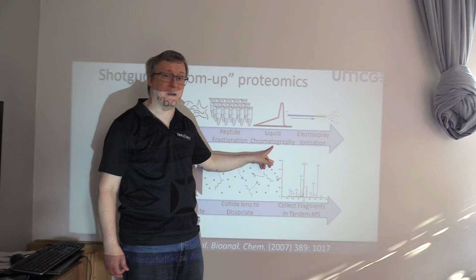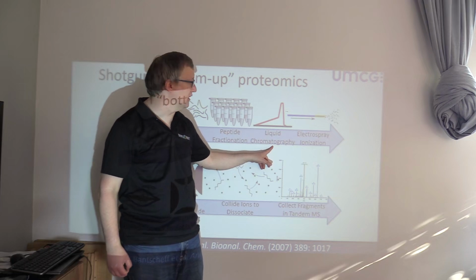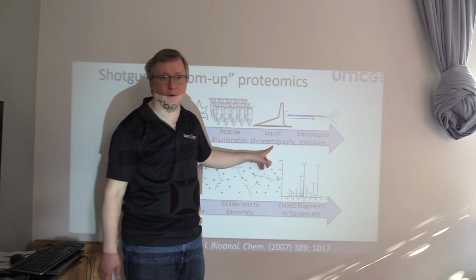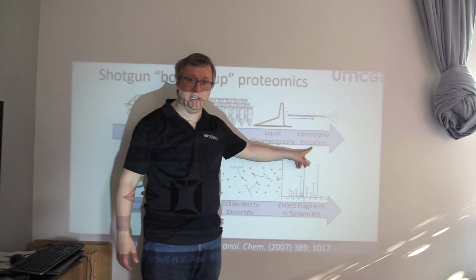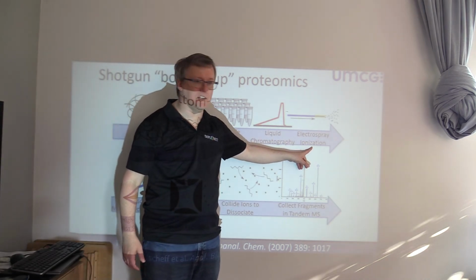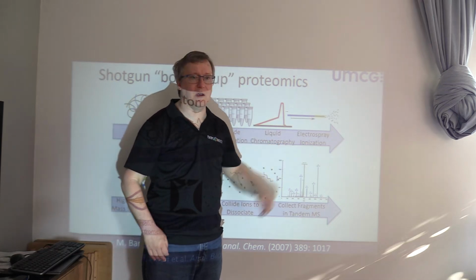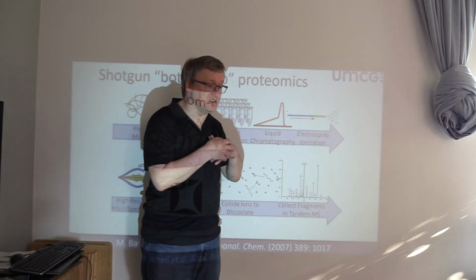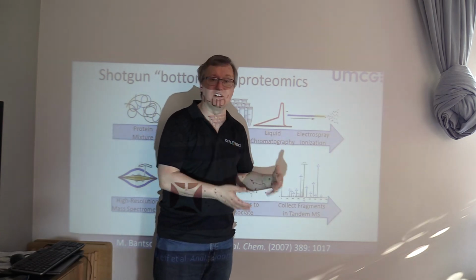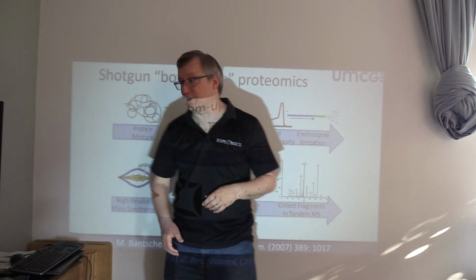So we're separating the peptides on the basis of hydrophobicity over the space of, let's say, an hour. As they leave the column, the peptides are ionized. They're already acidic, but we apply a heavy voltage to them that causes them to create a cloud of positively charged ions entering the instrument.